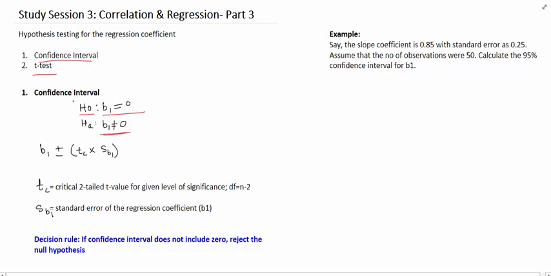For getting a confidence interval for the regression coefficient, the formula that we use is b1 plus minus critical value of t into SB1. TC is basically the critical two-tailed t value for any given level of significance. For example, for a 95% confidence interval, the level of significance is 5%.